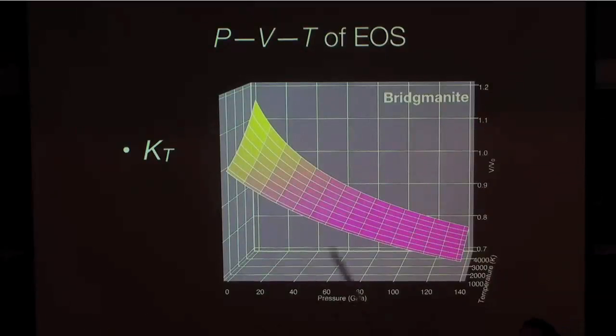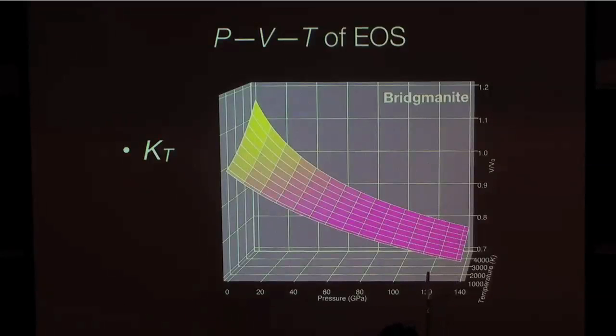Curvature and slope along the pressure axis, that's very important, right? Or if you set up a plane that is parallel to the screen, that's a constant temperature plane, right? And if you think about the intersection between this plane and that hypothetical plane that is parallel to the screen, you'll get a curve.